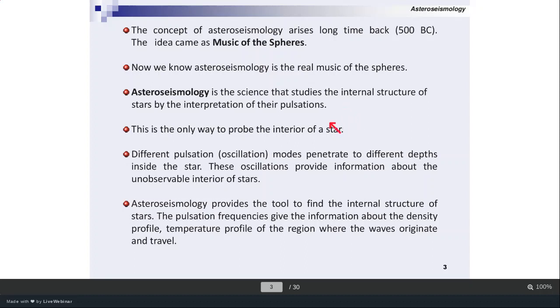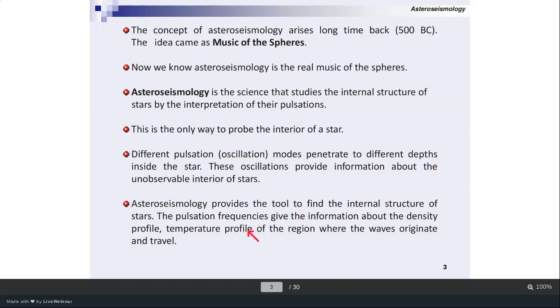This is the only way to probe the inside of the star, right? There are different pulsation modes that penetrate to different depths inside the star. Therefore, we can investigate the different depths of these stars. That is another important advantage of asteroseismology. All the way from the surface to the core, if you want to look at it in detail, this is the only way to study it.